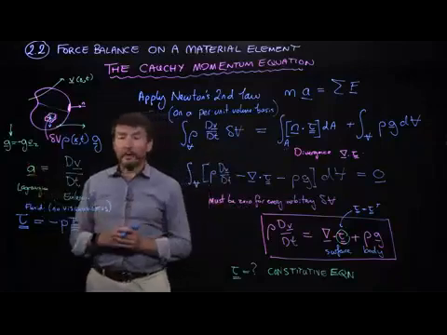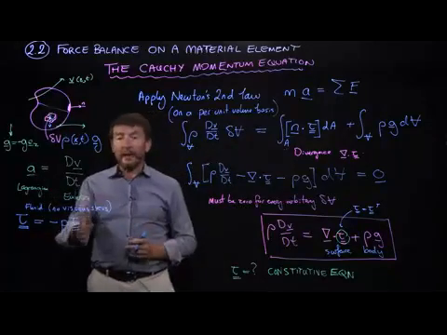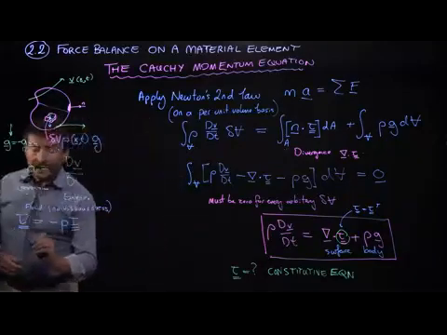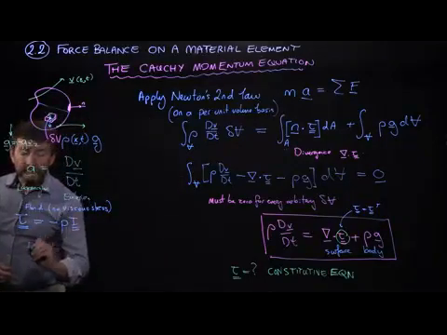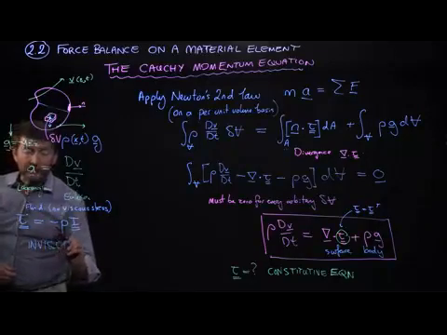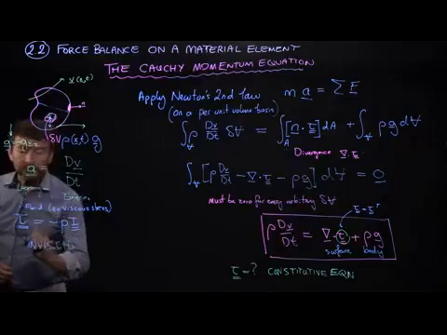Pressure was defined as facing inwards, and so the stress tensor would be given by this. And when we say that there's no viscous stresses, people will often refer to this as an inviscid approximation.